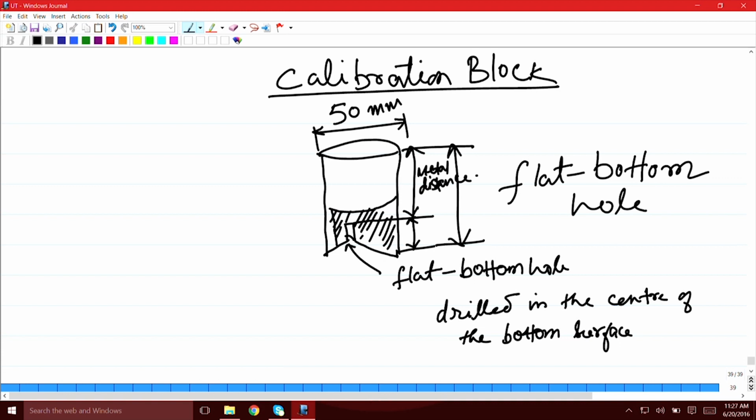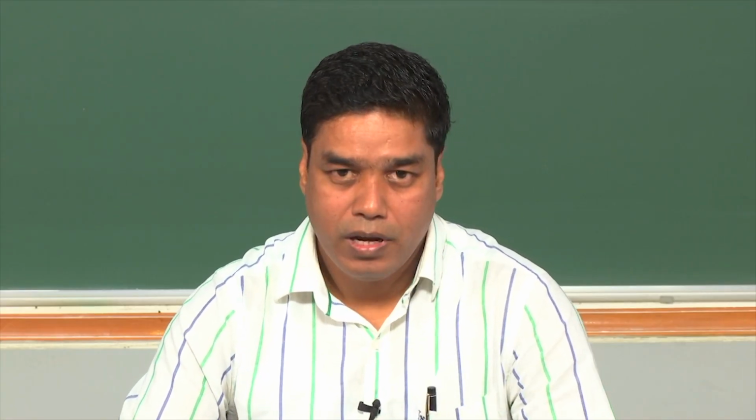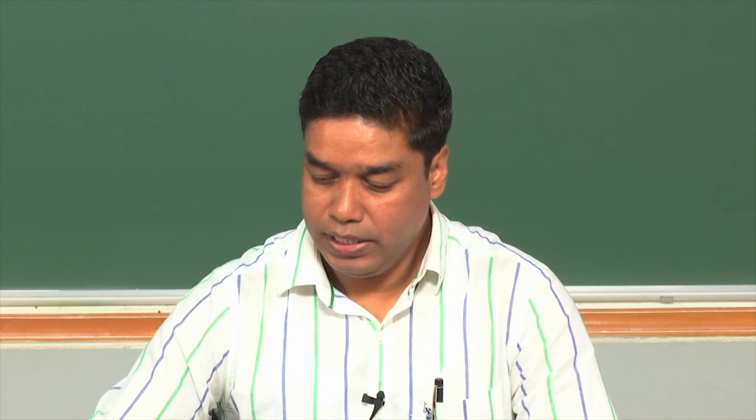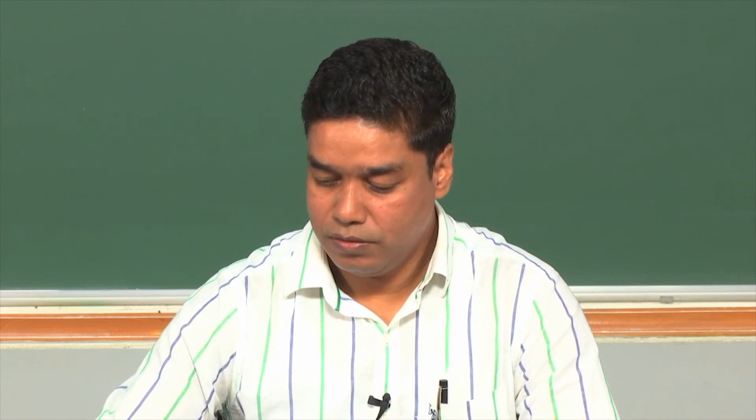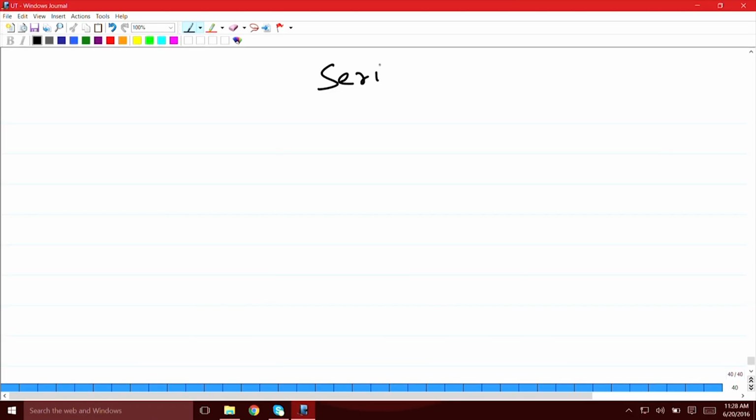You need to vary this metal distance, as I said, that means you need a number of these cylinders which will provide you different metal distances. That means you need a set in order to do the calibration. So, let us see what kind of sets are available that we can use. There is a series called series B blocks, and in this case this is a set of 19 blocks.